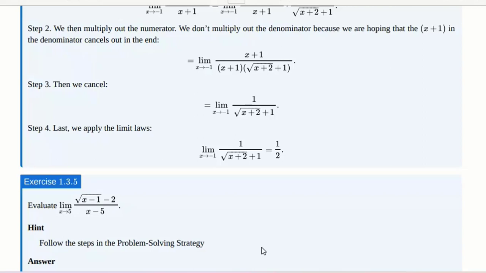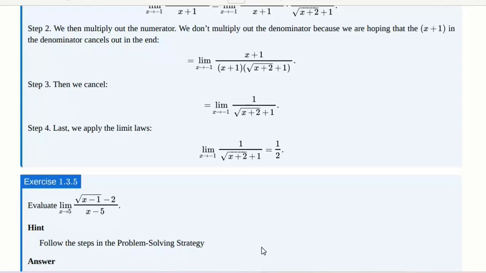Is it Princess? Yes. Please talk to her. Guys, may I please have assistance? I don't know where I went wrong. Did you multiply by the conjugate? Yes, I did, and then it gave me x minus 1 over x minus 5, times the square root of x minus 1 plus 2.